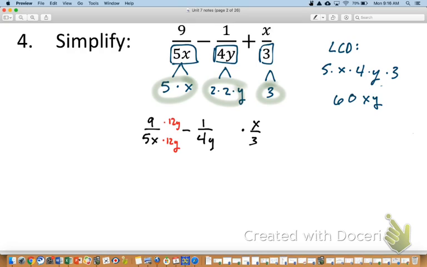That's right. Times 15, and we need an x, so yep, times 15x. Multiply the numerator by the same thing. And how about the last one? The numerator is just a 3. How do I get that up to be 60xy? 20xy. 20xy is correct.